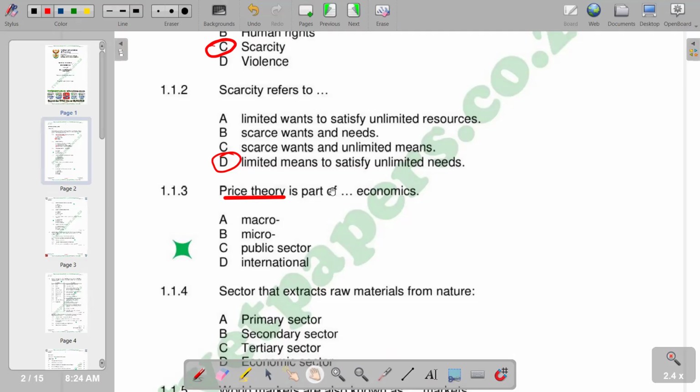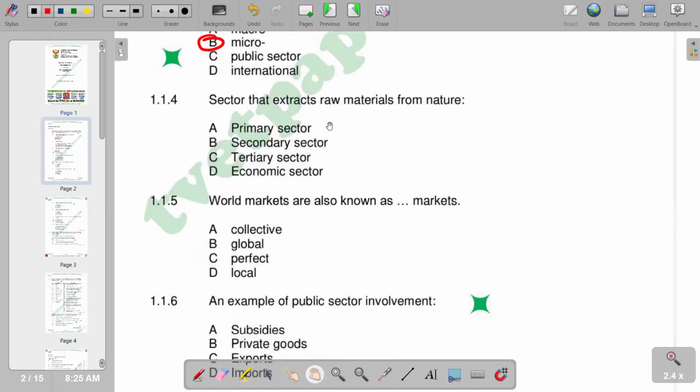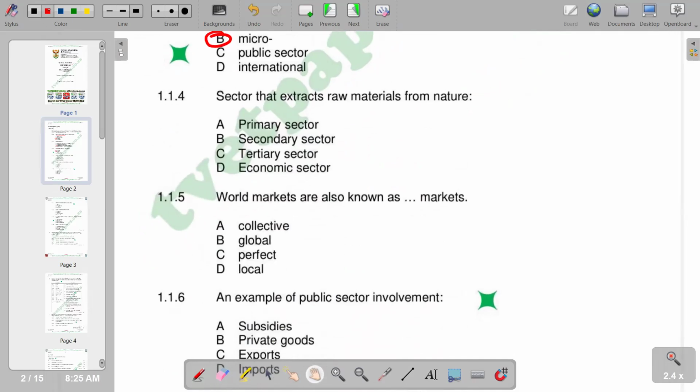So this is what we have in number three, making microeconomics the correct response. So we have B. Then number four reads: sector that extracts raw materials from nature. Of course, this is the primary sector. So we have A.